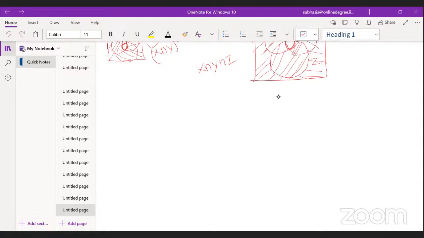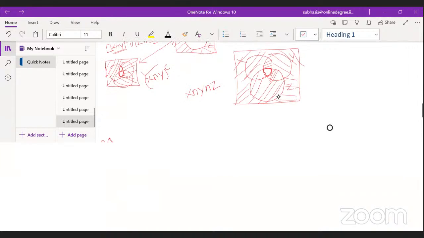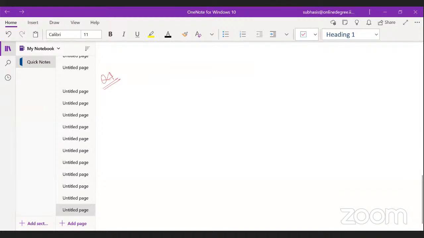So first tell me why option 2 is correct. Yes, question number 4. So you have a doubt in option 4 of question number 4.